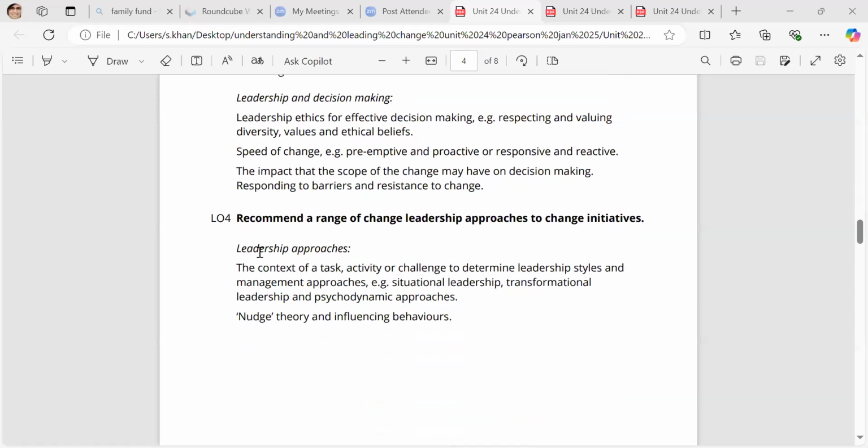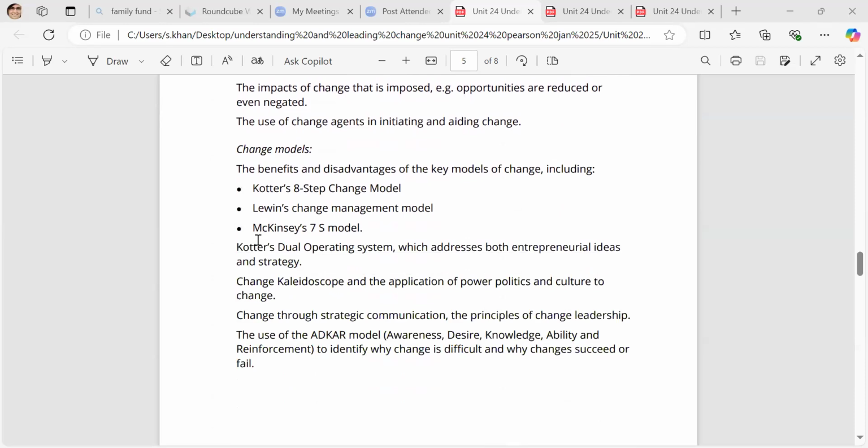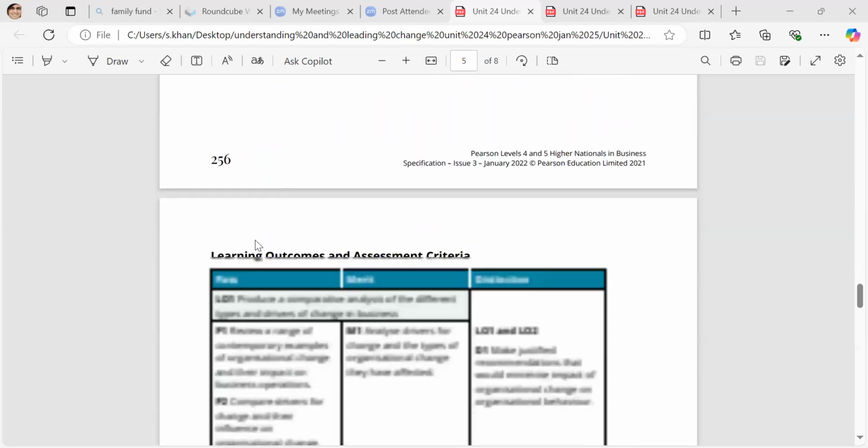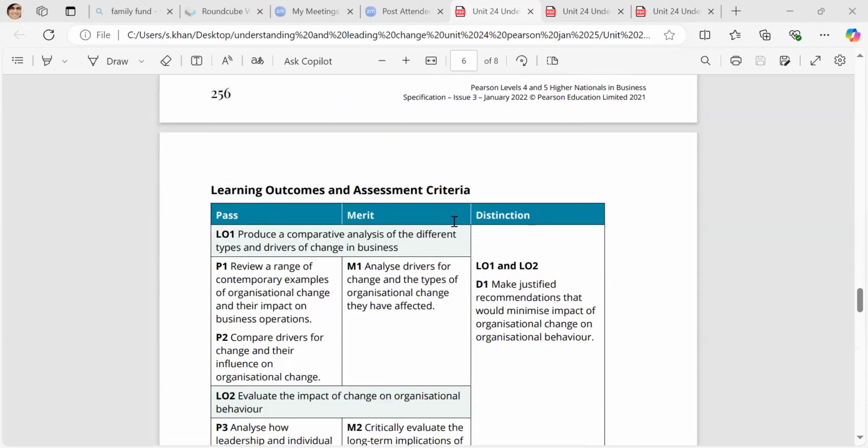We'll be looking at elements of the learning outcomes and the assessment criteria. For learning outcome 1, we'll be looking at P1, which is reviewing a range of contemporary examples, P2 and M1 and D1.